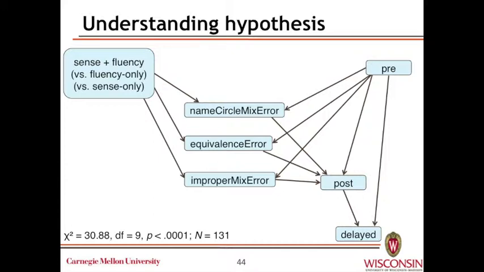I know that the pretest is prior to whatever they did on the tutor, and that the pretest happened before the post-test, and so forth. But even with that, there are over 1 million possible alternatives just for the understanding hypothesis model. So here's what I found using the GES search in Tetrad for the understanding hypothesis.